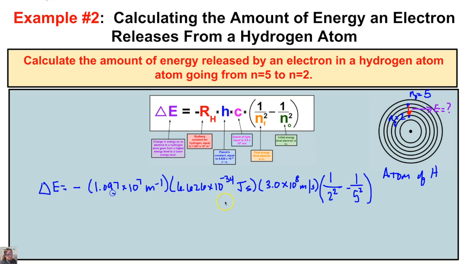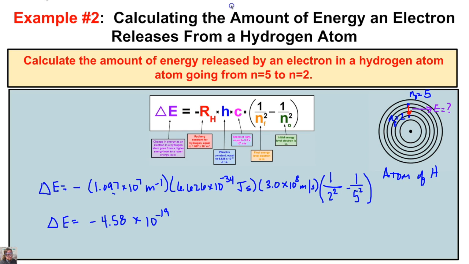And so when we put this expression in our calculator, we're going to end up with a change in energy equaling negative 4.58 times 10 to the negative 19th.